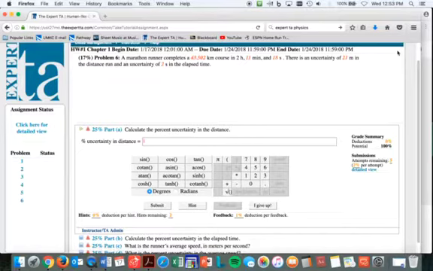You'll have to convert kilometers divided by the total hour time, or get the seconds and convert that to minutes and seconds. And then there's an uncertainty of distance, and you add the two uncertainties together to get your uncertainty for the thing. Did that make any sense? Didn't make any sense to me.